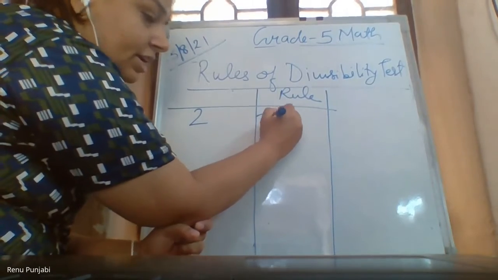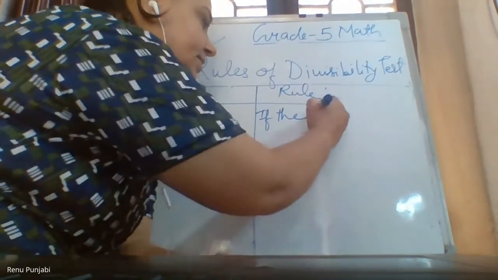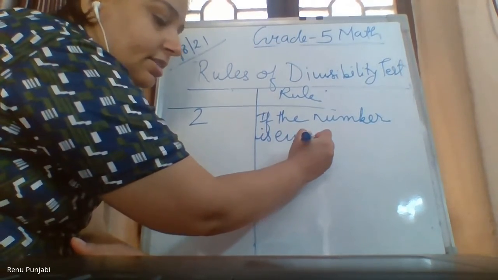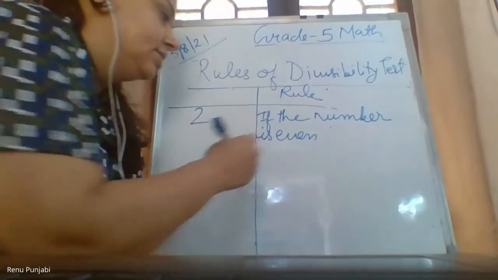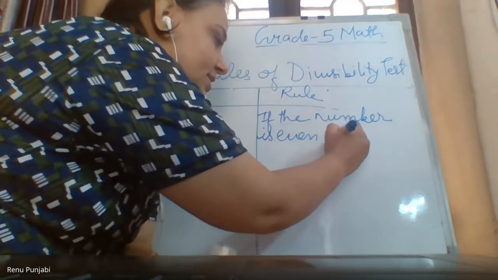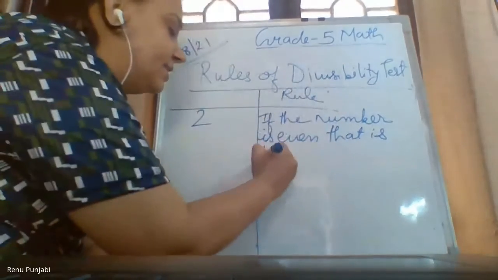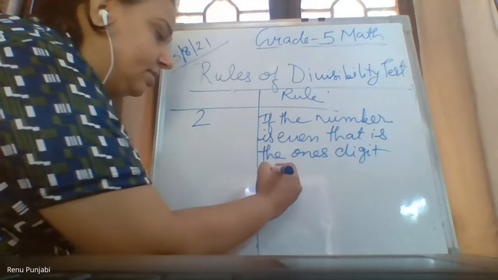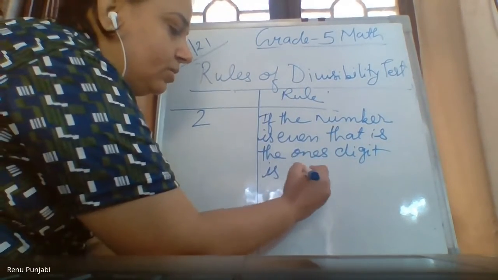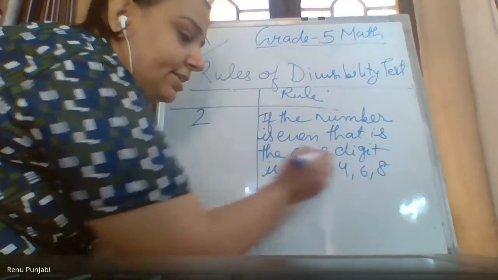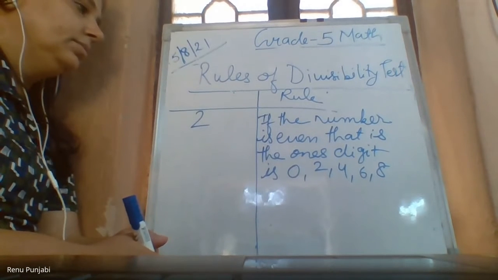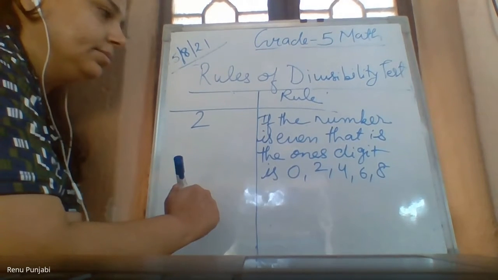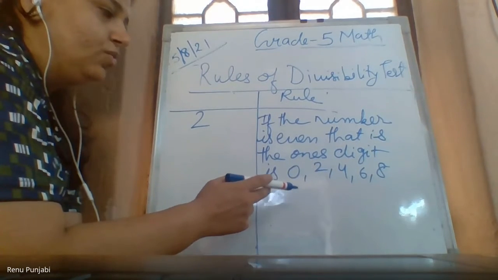if the number is even, that is the ones digit is 0, 2, 4, 6, 8.